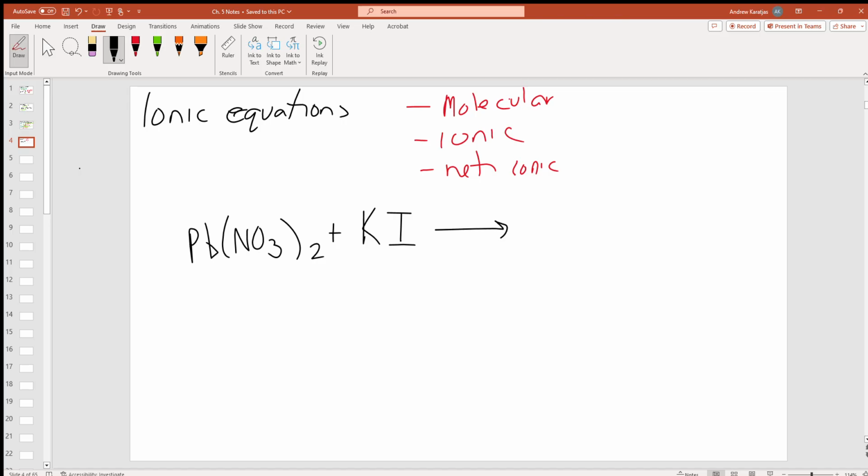Now when these react, they form lead iodide and potassium nitrate. Now, as always, we should balance our equation, and we can do that by placing a 2 here and a 2 over here.